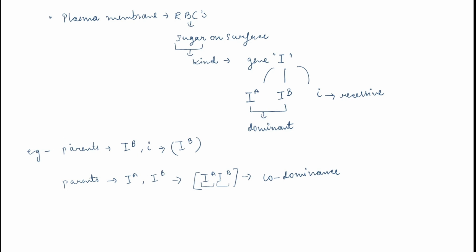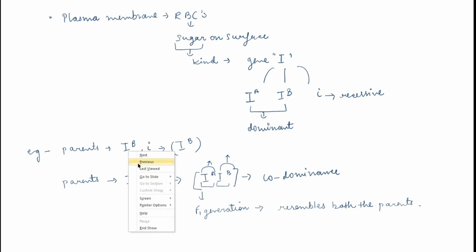And also in case of codominance, we can see that in F1 generation, right, it resembles both the parents, where you can see that IA is expressing itself, whereas IB is also expressing itself, resembling both the parents IA and IB.